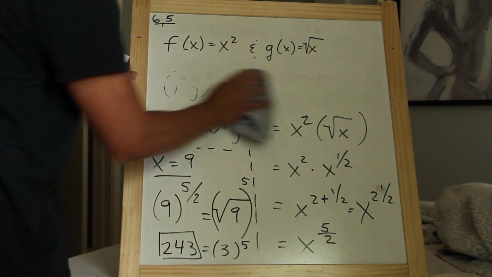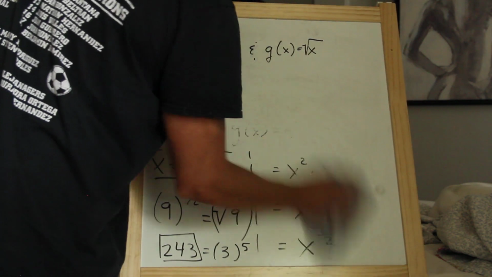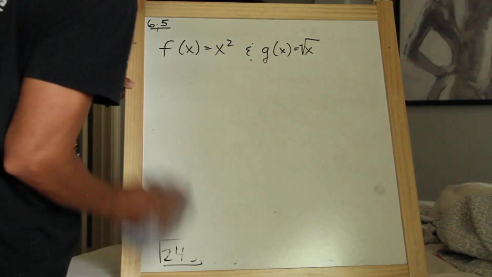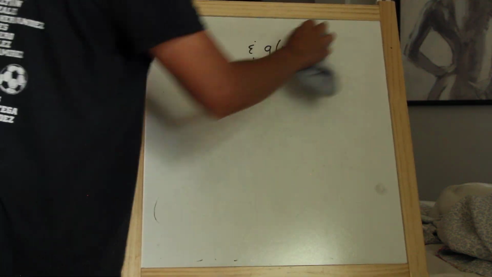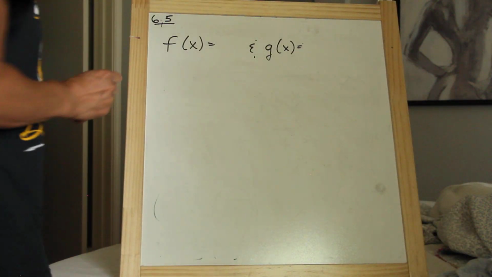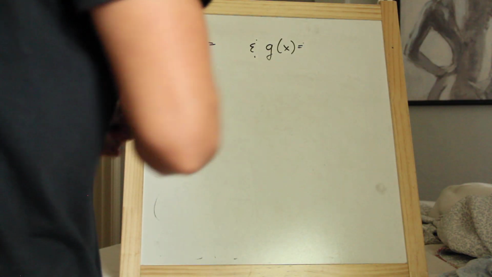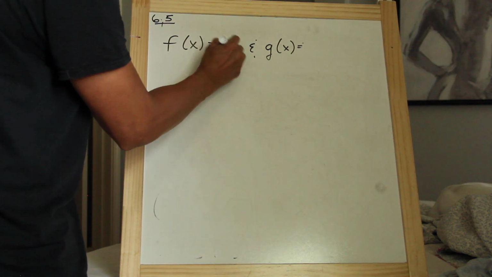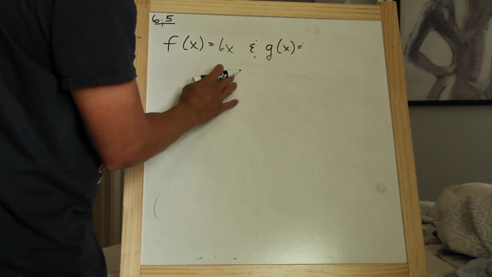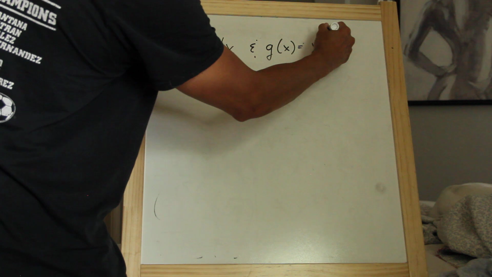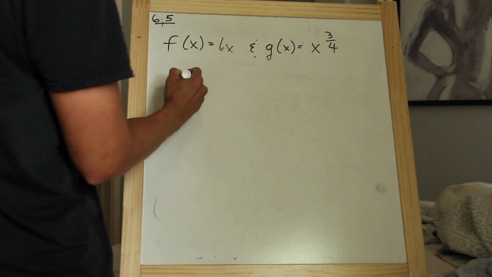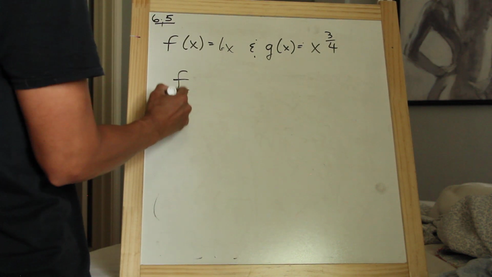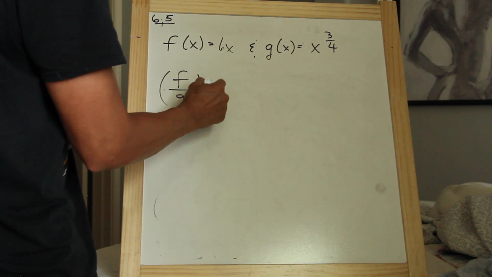Okay, so now what if we were to divide? Given f of x is 6x and g of x is x to the 3/4, what is f divided by g of x going to be?